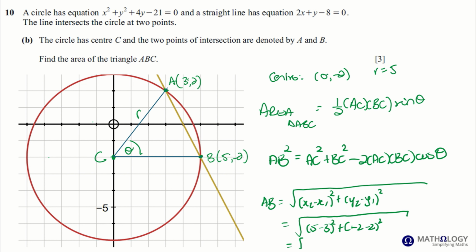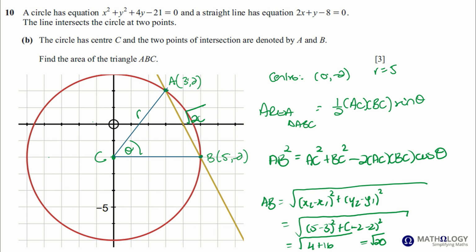That will equal the square root of 5 minus 3 is 2. 2 squared equals 4. Minus 2 is minus 4. Minus 4 squared is 16. 4 plus 16. So AB is the square root of 20.